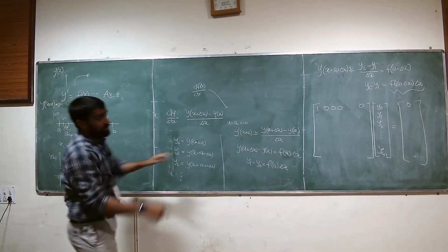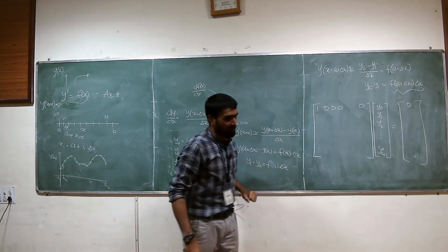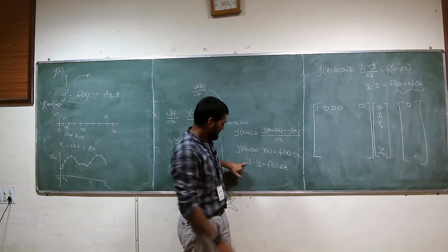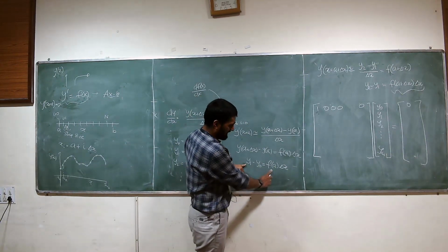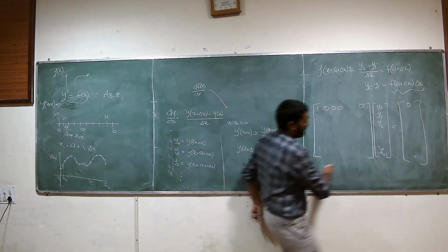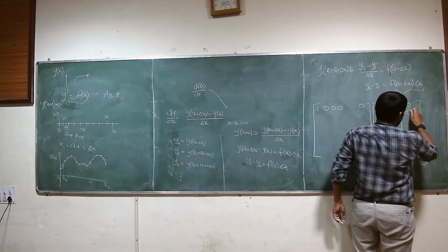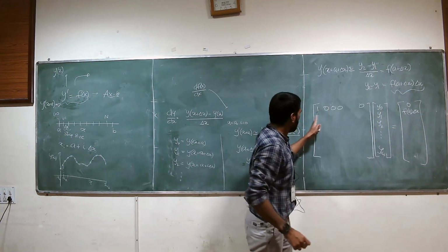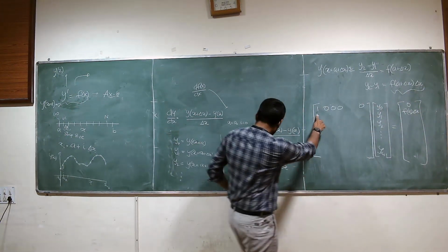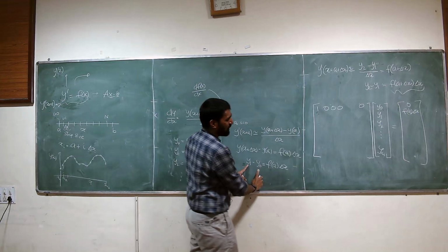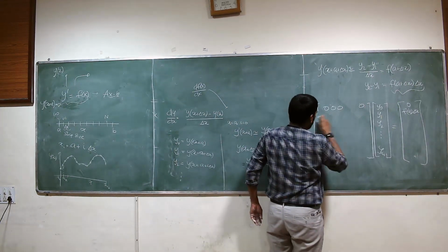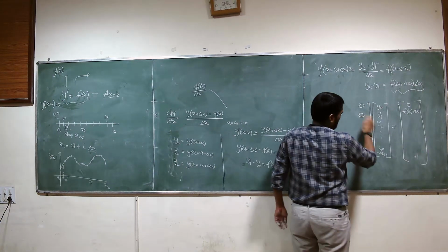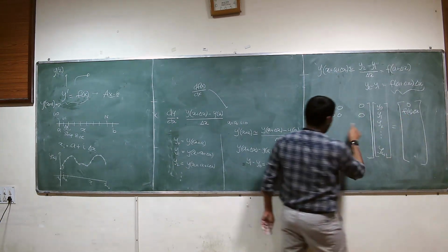What about the second one? Second one, we can use this. y1 minus y0 is f of a times delta x. The right hand side we know. So this is f of a times delta x. This will simply be y1 minus y0. That means I take minus 1 times y0, 1 times y1. What about the next one?